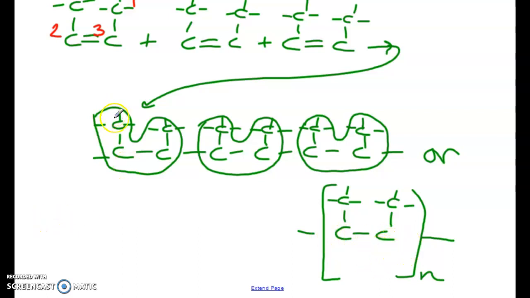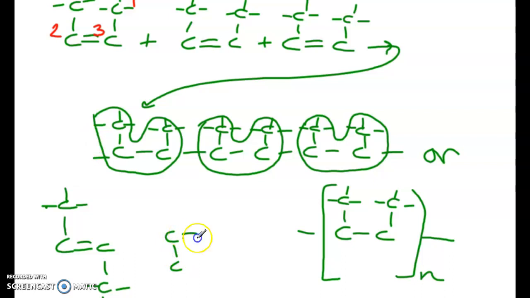Now I chose to draw them both up, but you could have actually drawn one up, one down, right? So let's say for the original monomer, or you could draw them both down. To be honest, it doesn't matter which direction you push it to. It's just so that you can have the double bond on the same line as the other double bonds that are going to be connecting.